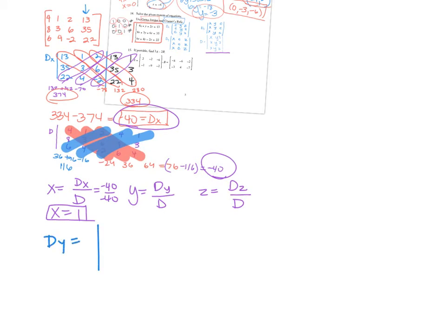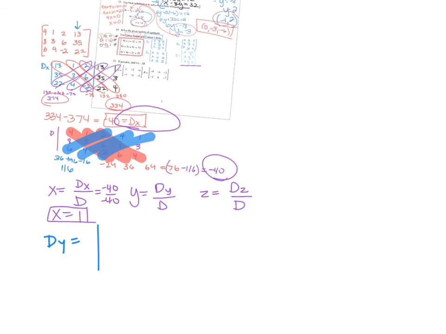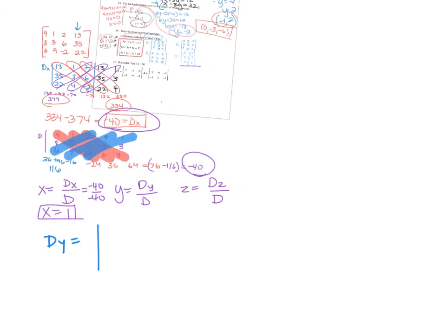So for y, oh, I'm copying down the wrong one. I take out the y's, so I would leave the x's. I take out the y's and put in the constants. And then I duplicate the columns to the right again.